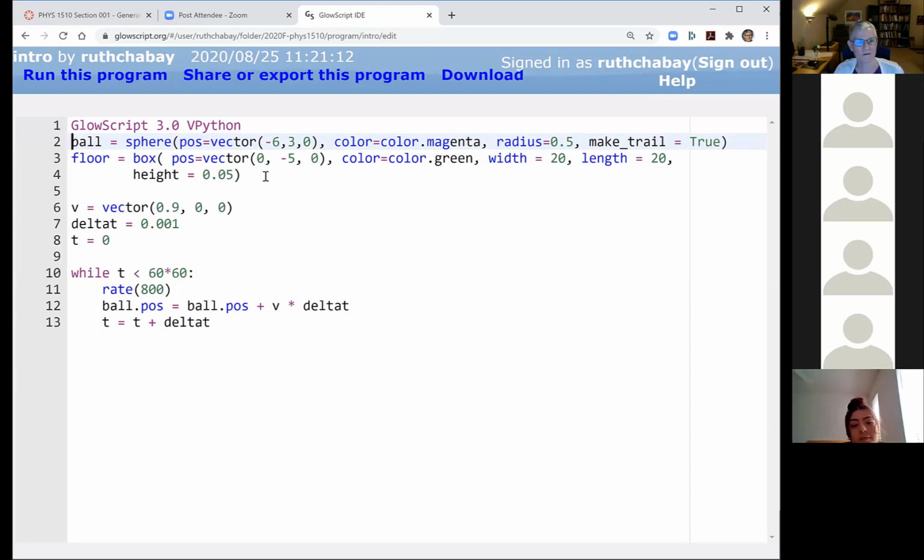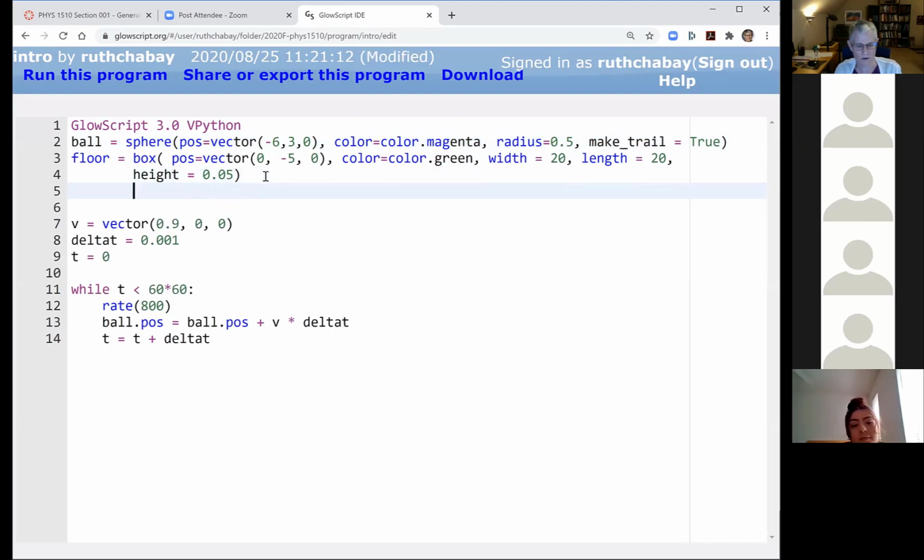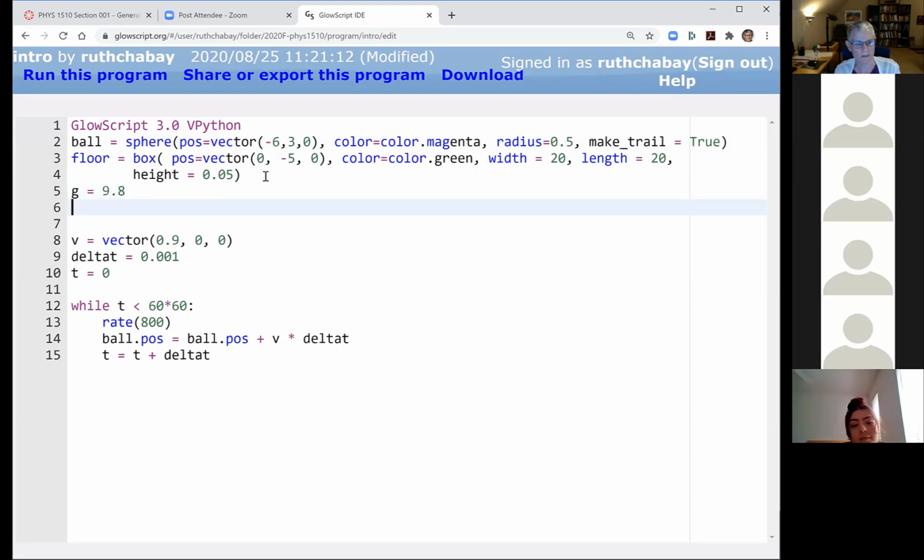So let's say we know the force the Earth exerts on the ball. Those of you who've taken physics before, this may be familiar. The gravitational field of the Earth near the surface of the Earth is 9.8 newtons per coulomb.